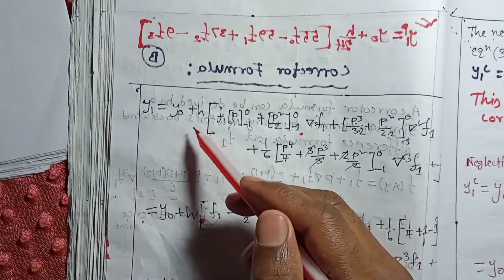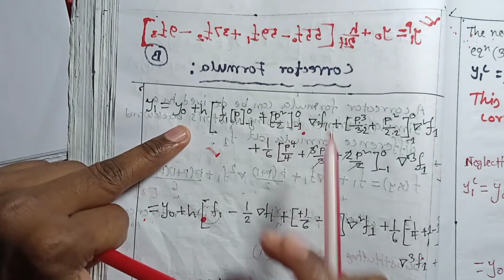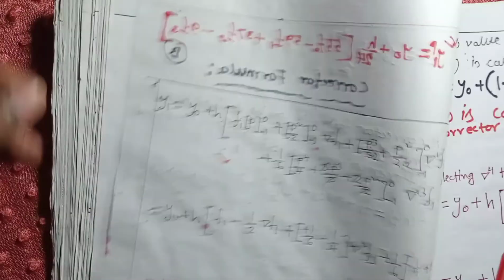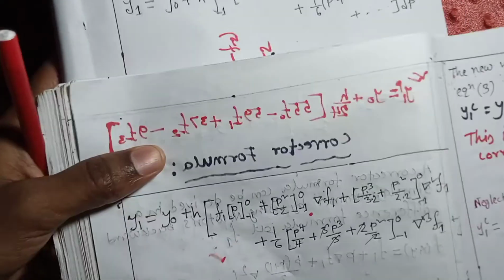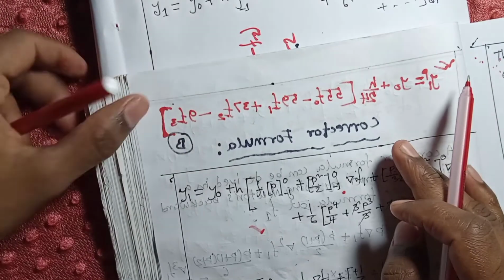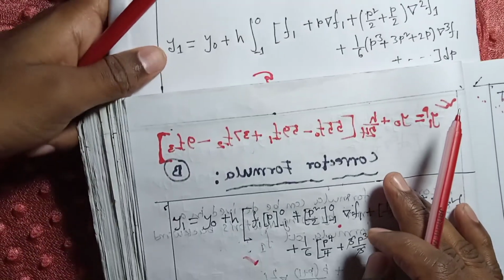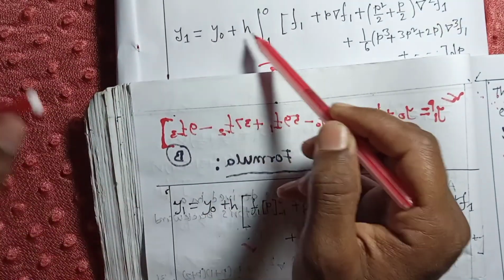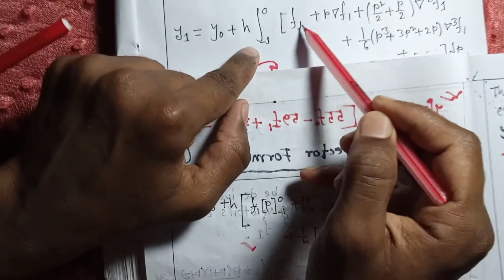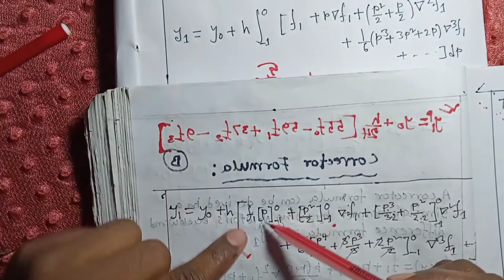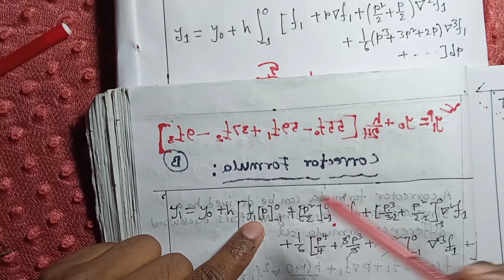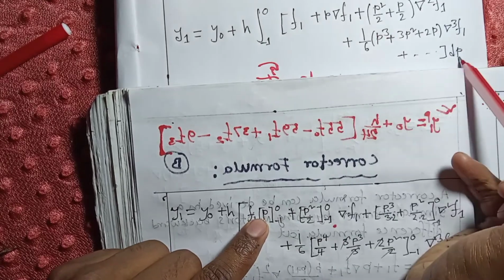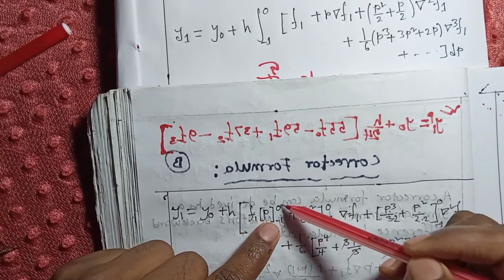Now y1 equals y0 plus h, and here we try to integrate this, the integral from minus 1 to 0 of f1 with respect to dp. f1 is constant, so the constant is outside the integration, and the integral of dp is p from minus 1 to 0.